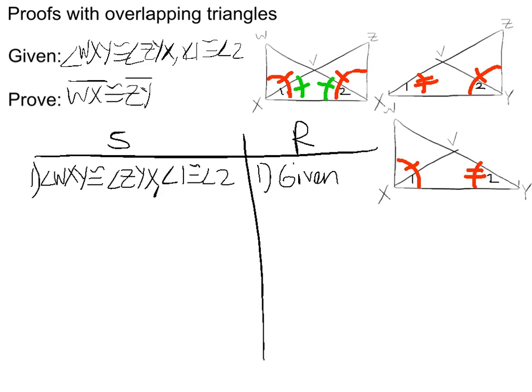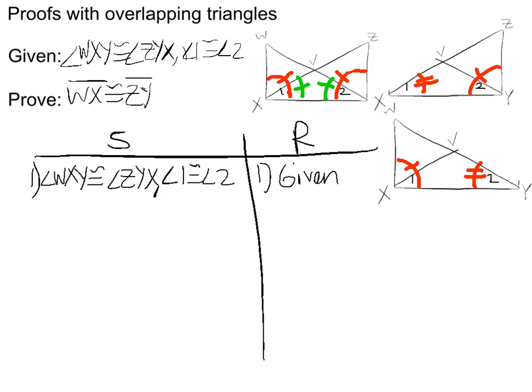If you can't separate the triangles into these two parts, look at how confusing the given information is on that diagram. So being able to draw the two pictures is really important, and it's something that I would ask that you do. If you see overlapping triangles, please separate them so that when you label your given information, you can see what you're looking for.